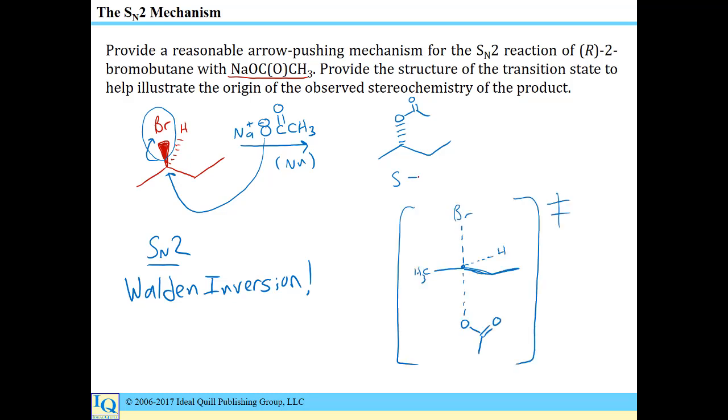Part of the question asks us to provide the structure of the transition state to help illustrate the origin of this observed stereochemistry, and the transition state is some species that lies part of the way in between the starting material and the product.